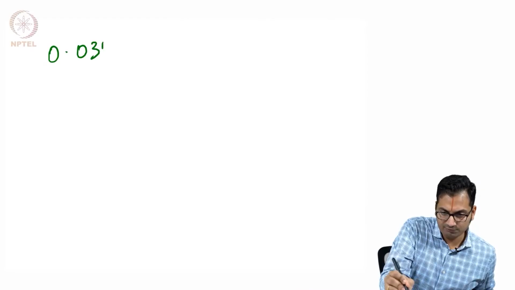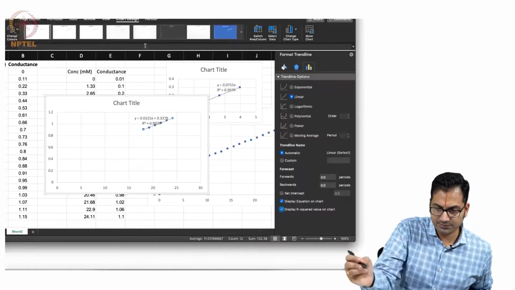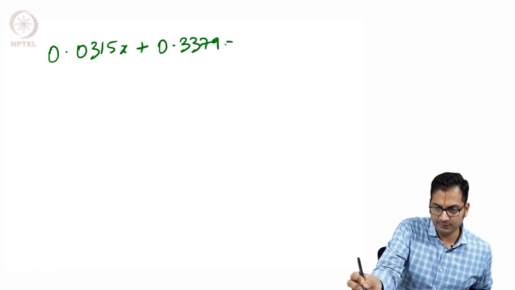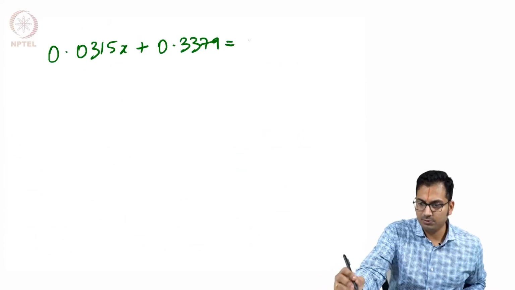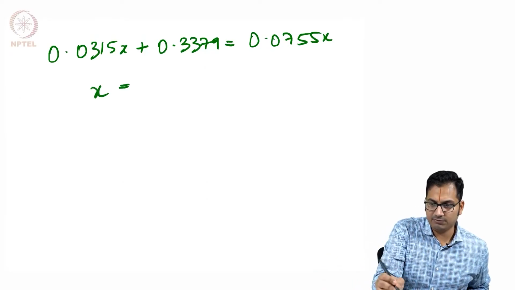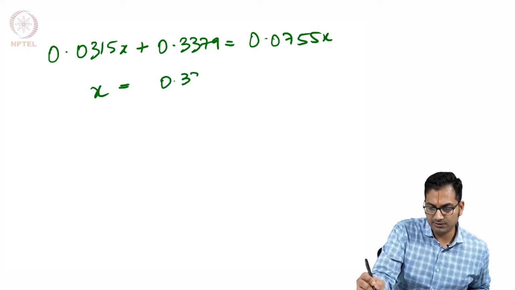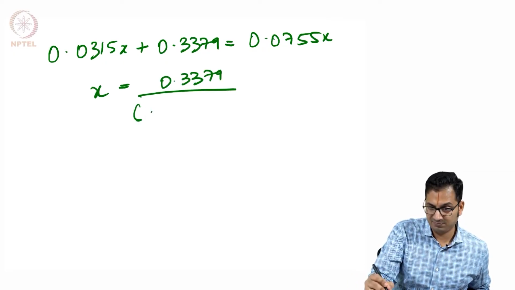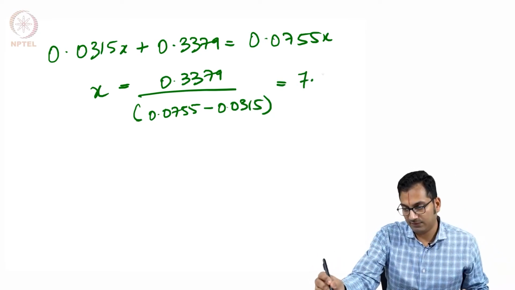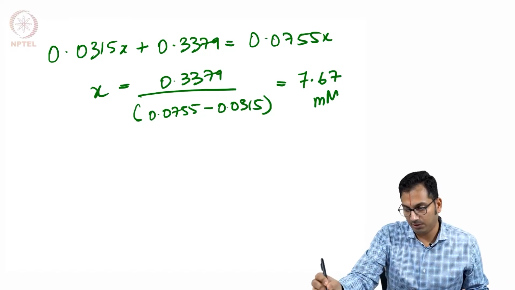And 0.0315x plus 0.3379 is equal to 0.0755x. So x therefore would be equal to 0.3379 divided by the difference of the slopes, and you get a number like 7.67 millimolar.